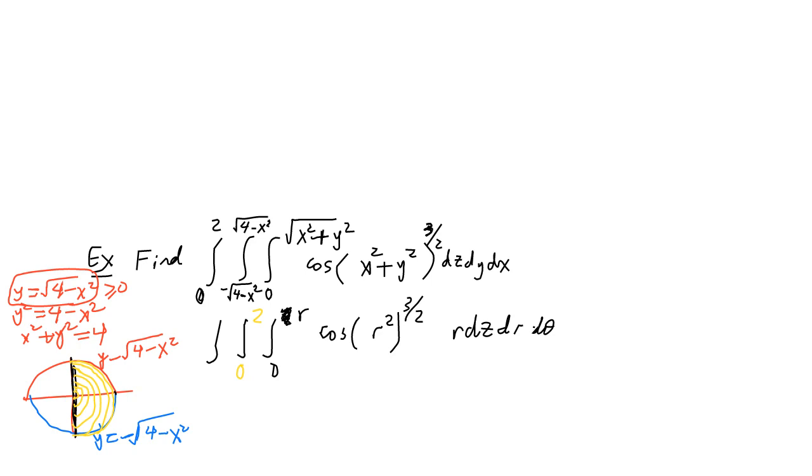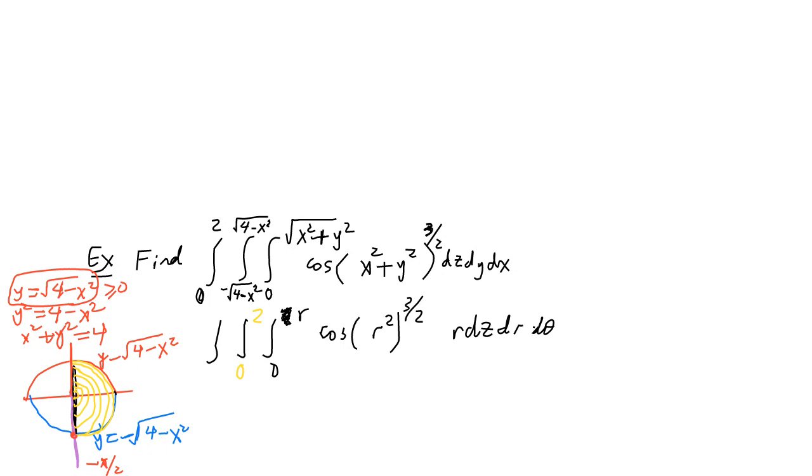Now, what are the limits for theta? 2 pi? No. So we have this angle to this angle. This angle is minus pi over 2. Yes, good. Thank you, Fatima.